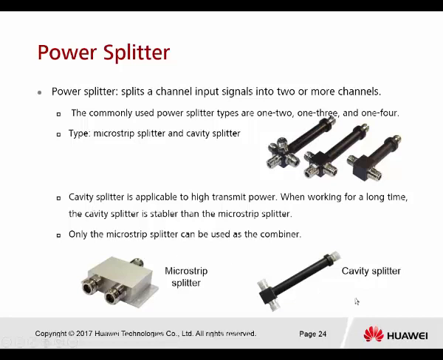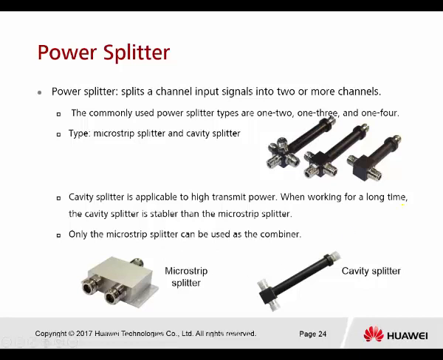The cavity splitter is applicable to high transmit power. When working for a long time, the cavity splitter is more durable than the microstrip splitter, so this is the most recommended one. Only the microstrip splitter can be used as a combiner. What does this mean? It means it can work in the reverse way.